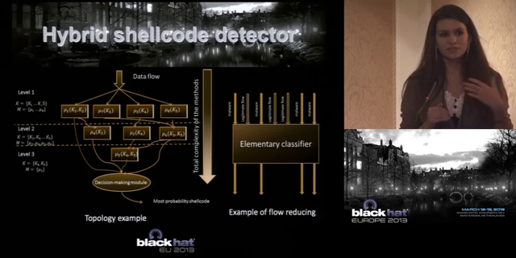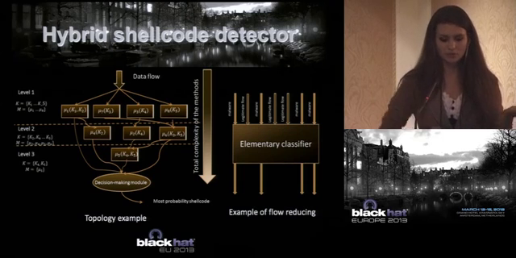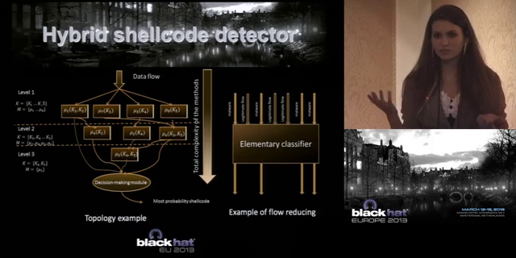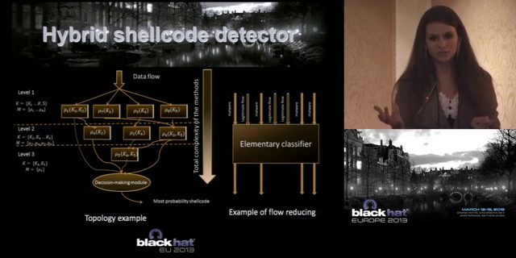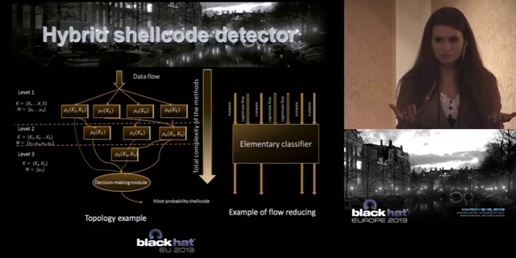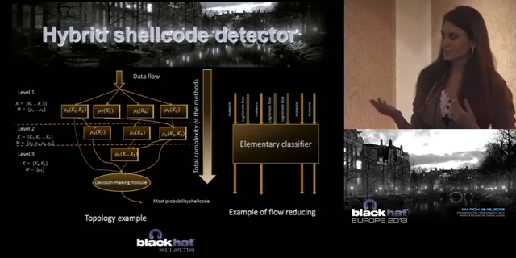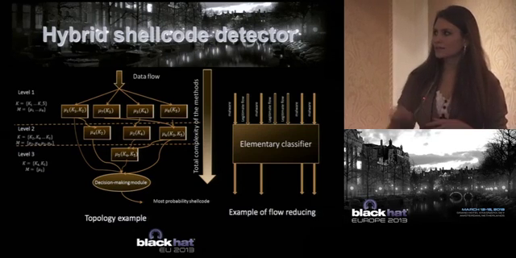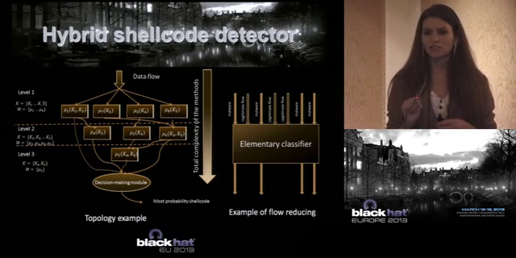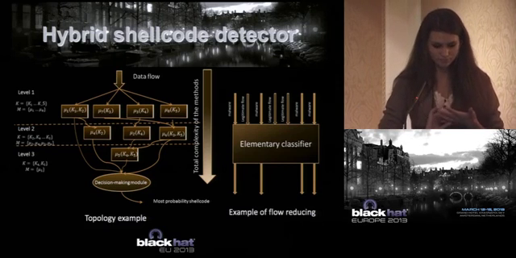For example, consider one elementary classifier which is able to detect NOP slide presence in the byte flow, and another elementary classifier which is able to detect the presence of getPC code. How can we compare them? There's no way to do it. It doesn't seem reasonable at all. So we can connect only those classifiers which are able to detect overlapping classes of shellcodes.